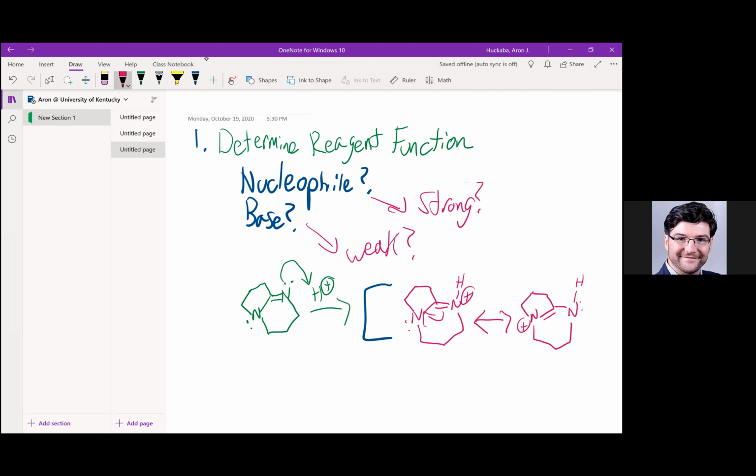So again, being able to tell what the reagent function is, is key.